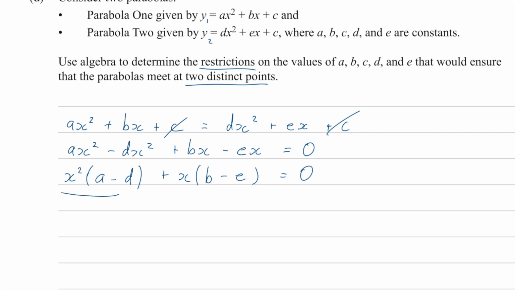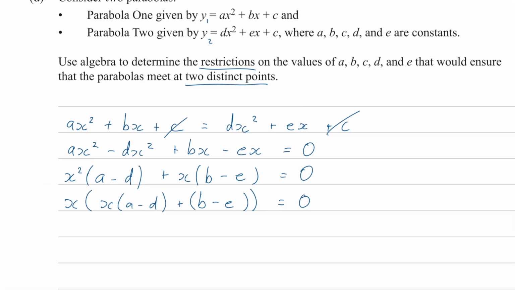And then finally I look at both of these terms and I see they have an x in common. So we essentially just group like terms, factorize once, factorize twice.